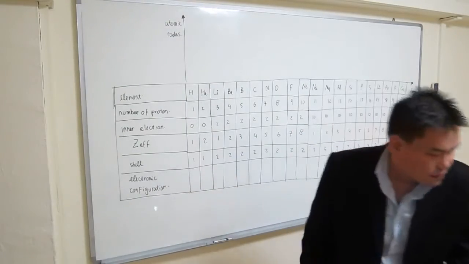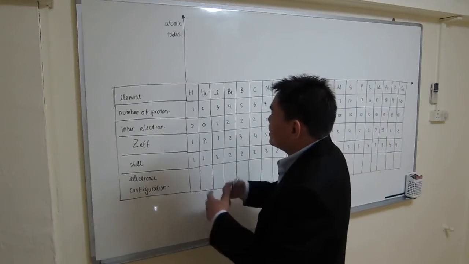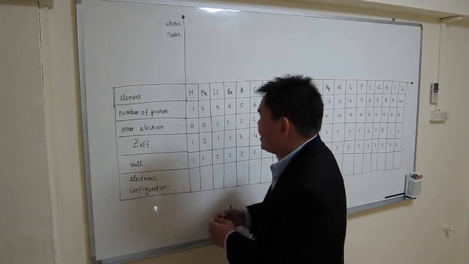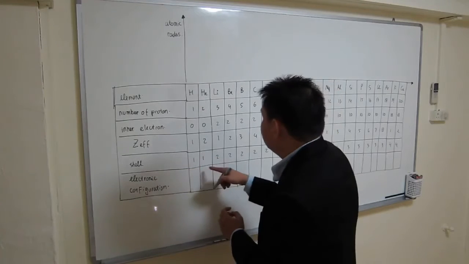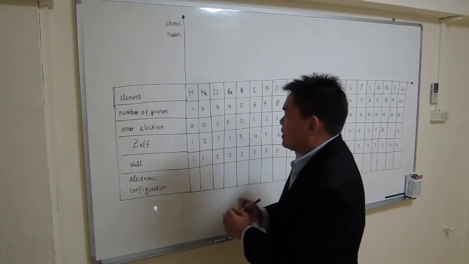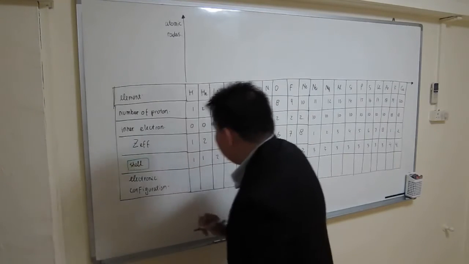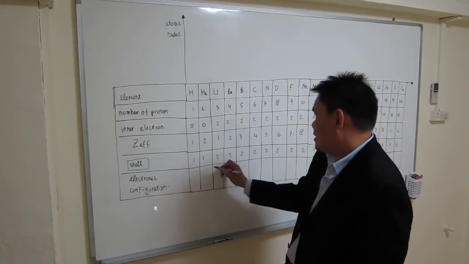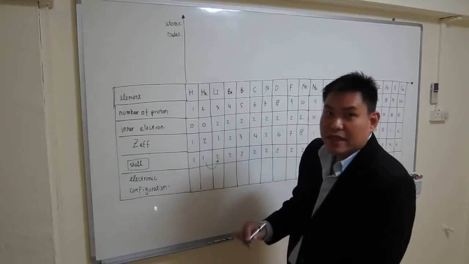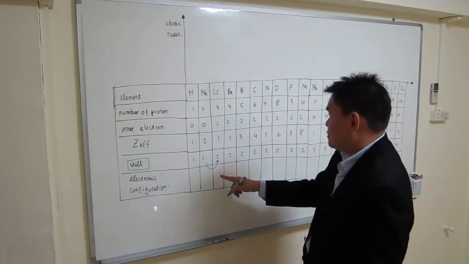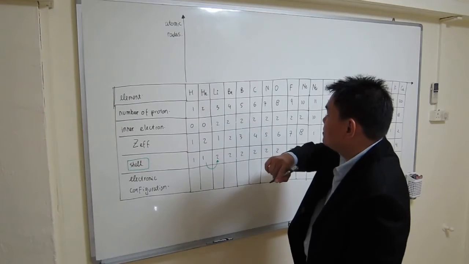So the more shells you have, intuitively you understand, the bigger the size of the atom. So you're going to see an increase in the size of the atom from helium to lithium.